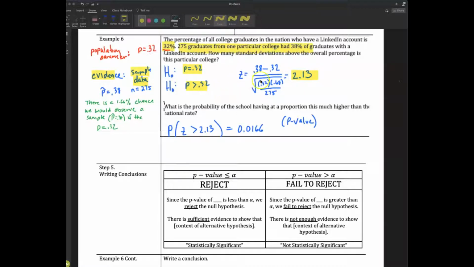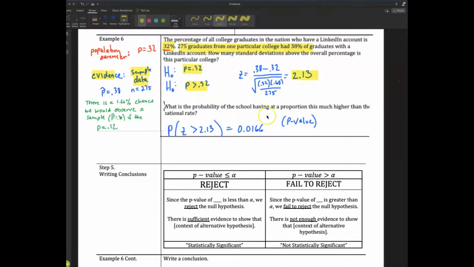And so the test statistic would be this calculation over here, right? And that came from our equation we have. And so you end up getting a test statistic of 2.13, right? It's 2.13, really standard errors instead of standard deviation, above the population proportion, 0.32.